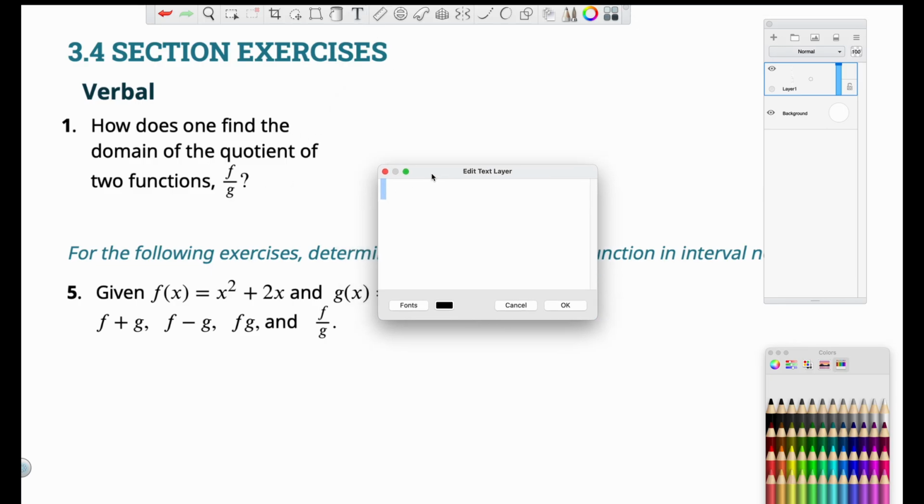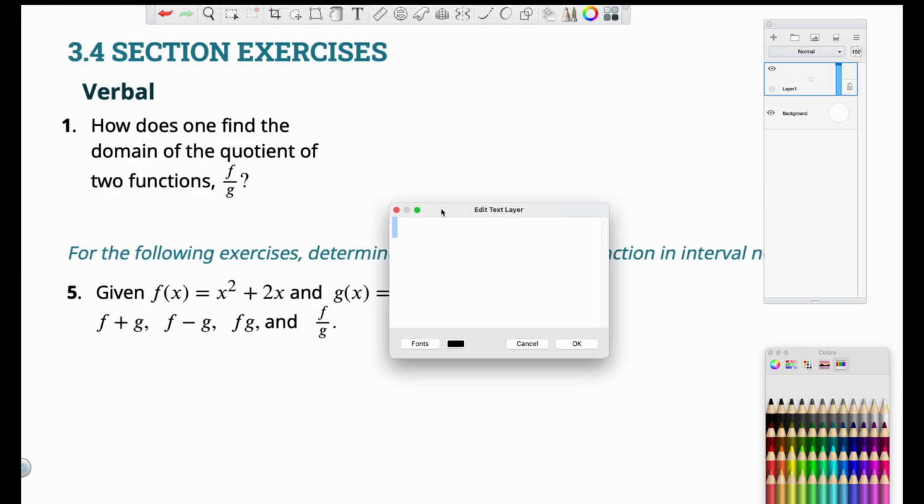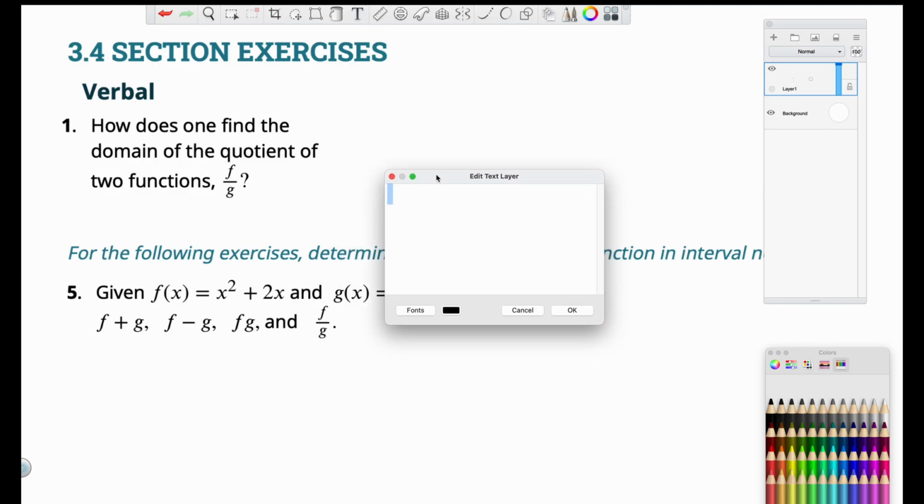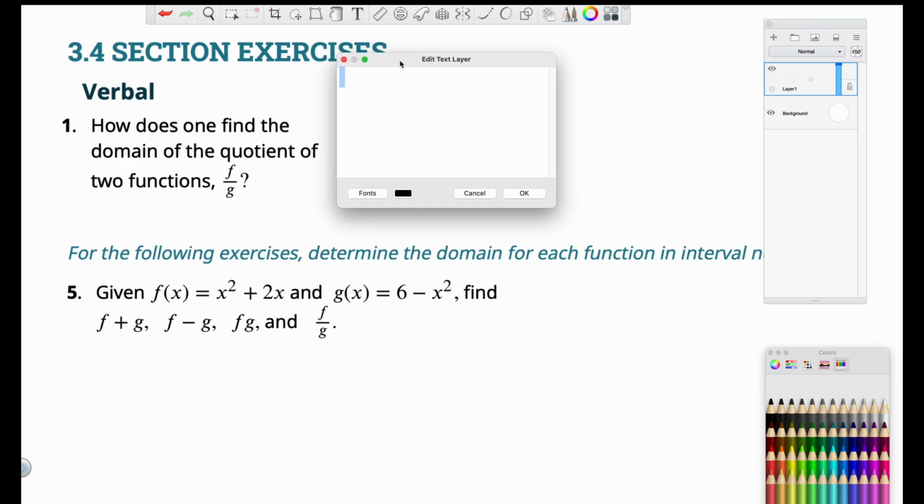How does one find the domain of the quotient of two functions f divided by g? Okay, so we know that g of x here, which is the function that we're dividing by, cannot be 0, because we can't divide by 0.